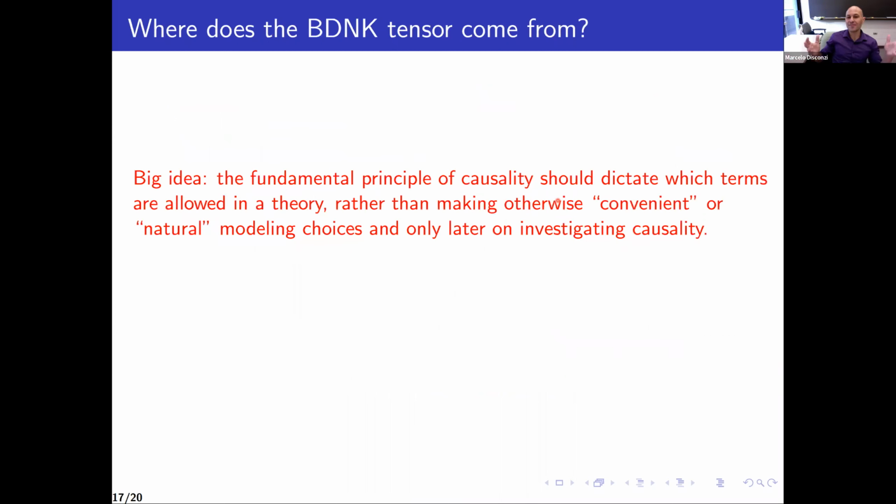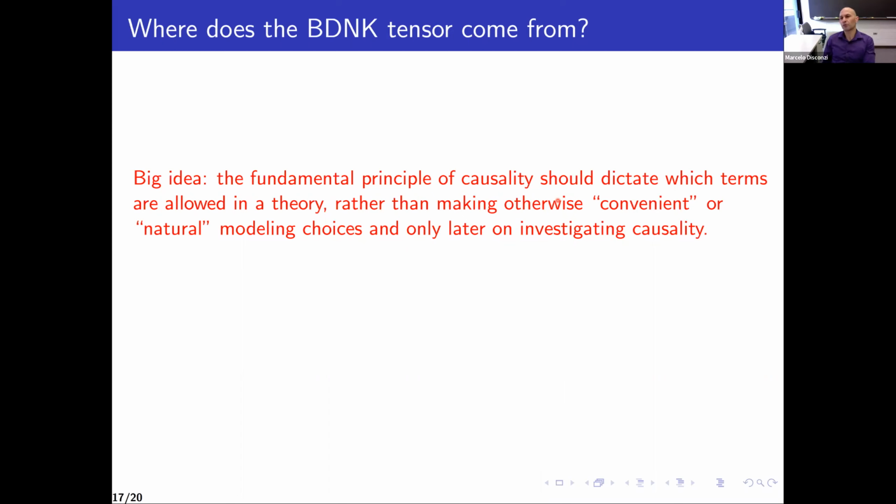So now the question is, where is this coming from, right? As I said, you don't wake up one day and just guess those complicated expressions. The big idea behind BDNK is that because causality is such an issue for theories of viscosity, we want to take a philosophy where causality should tell you which terms are allowed or not in your theory, and not the other way around.